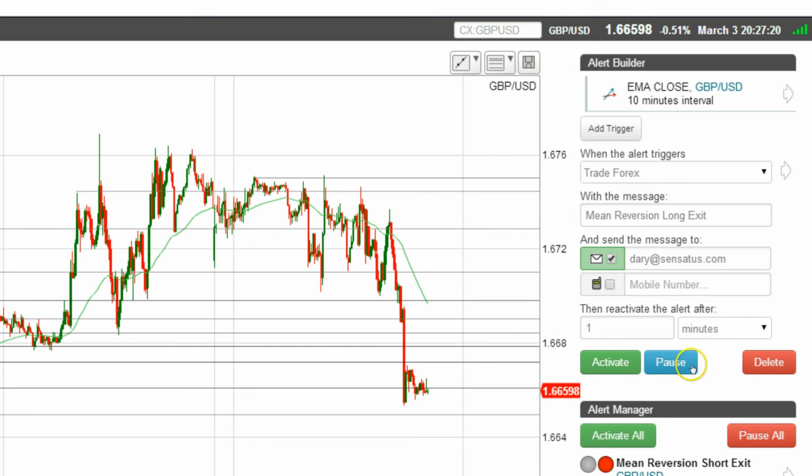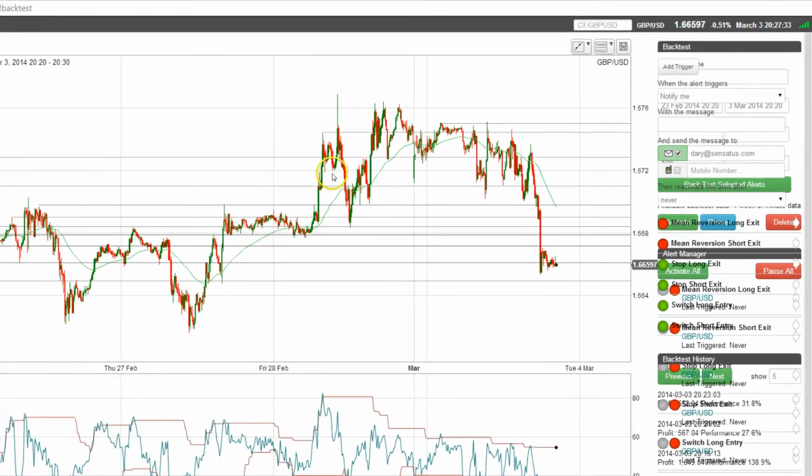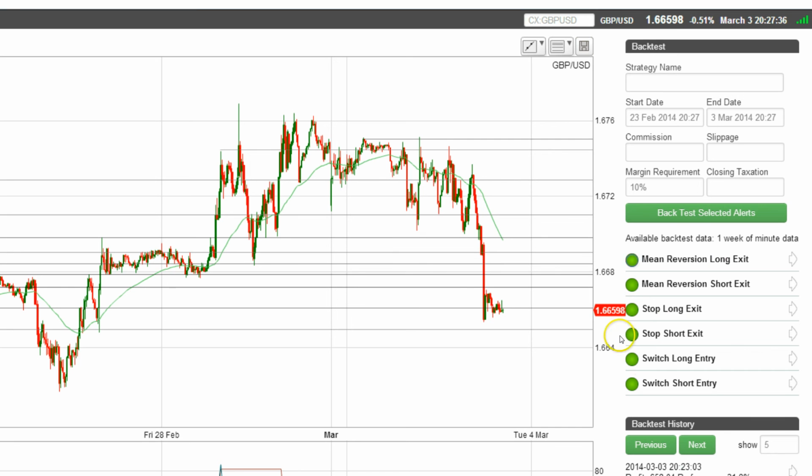So now we'll see how this performs. Tend to get more frequent trading. So we'll just add this into the mix and test it.